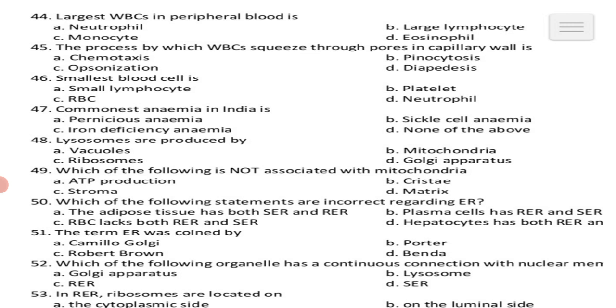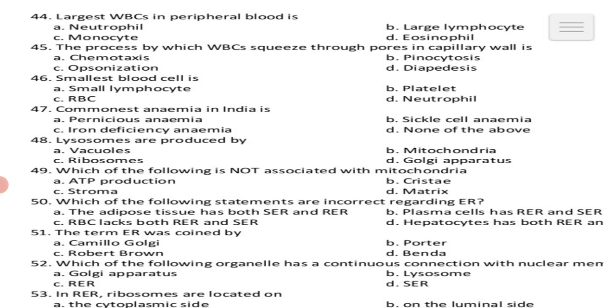Question number 50. Which of the following statements are incorrect regarding the ER? The adipose tissue has both smooth endoplasmic reticulum and rough endoplasmic reticulum. This is incorrect because the adipose tissue, or lipid tissue, has only the SER, that is the smooth endoplasmic reticulum.